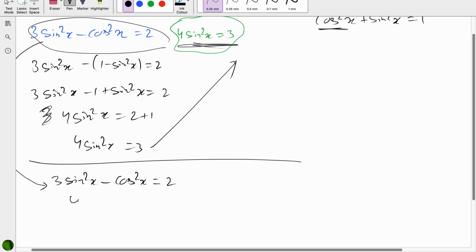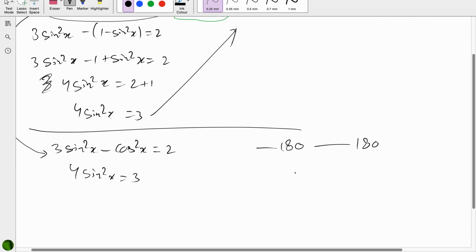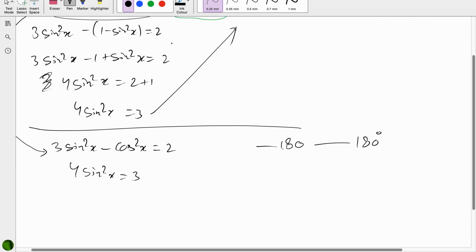So we directly write 4 sine square x is equal to 3, and we have to solve it from minus 180 to 180. This is the domain. So I'm solving for x.